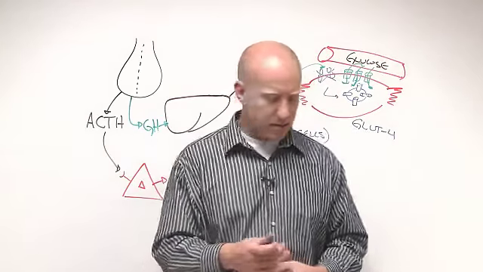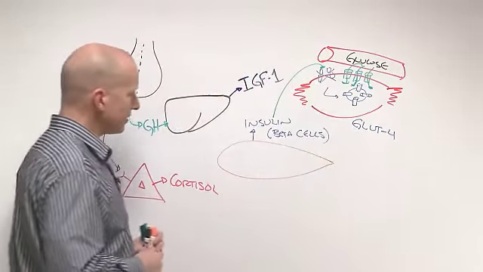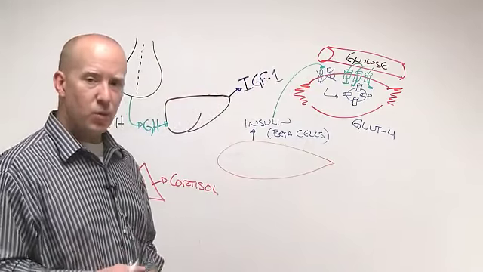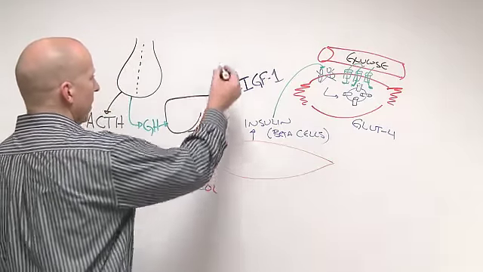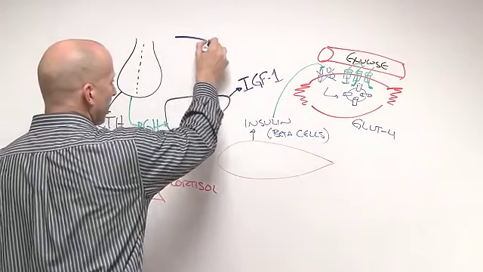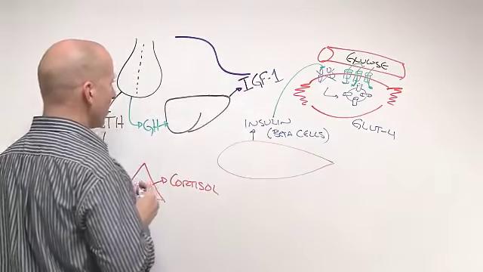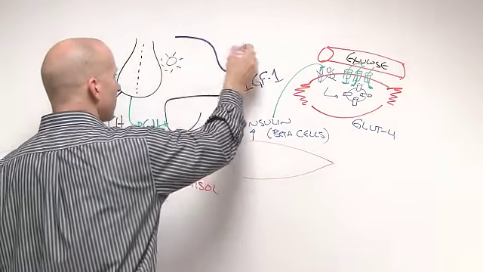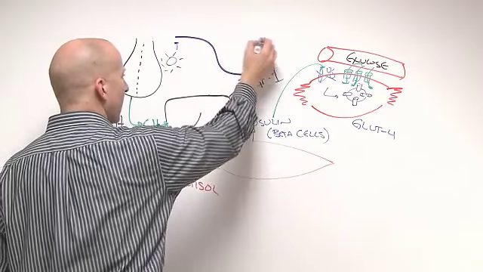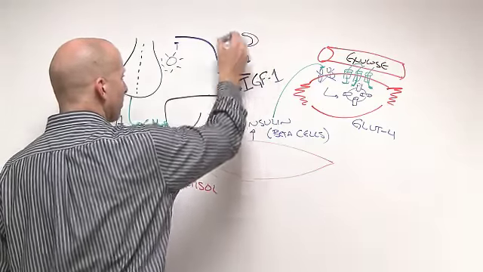Now, one thing that needs to be discussed briefly is there's a good chance that somebody getting this panel will do so first thing in the morning after a fast. It needs to be stated, however, that cortisol has what's called a circadian rhythm. Cortisol is highest first thing in the morning and is lowest at night when you're going to bed.